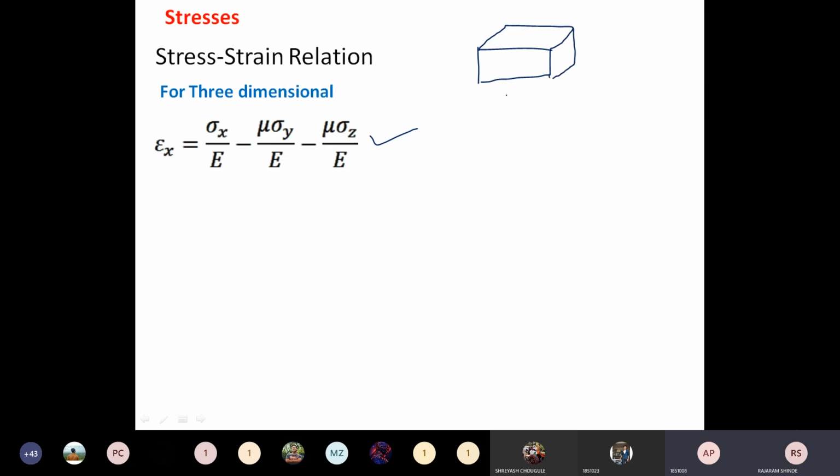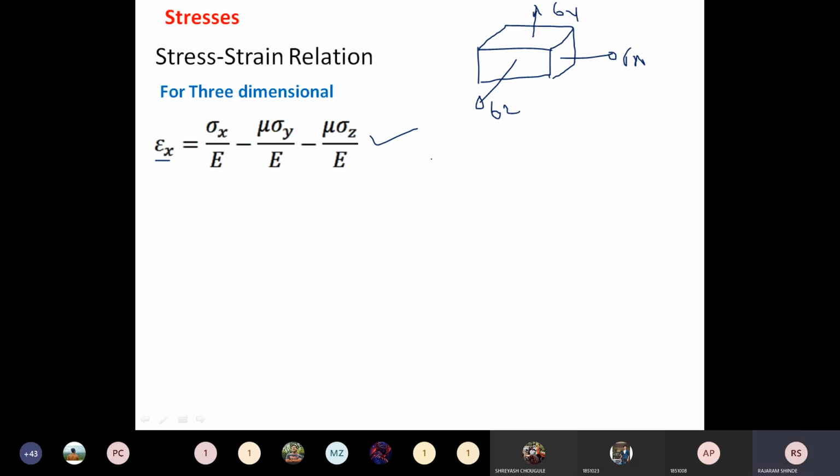I will tell you. See here, this is a strain in x direction. Now, when we apply the load on the body in three directions, here sigma x is there, this one is sigma y, and this is sigma z. Do you know, Rushikesh Kumbar?